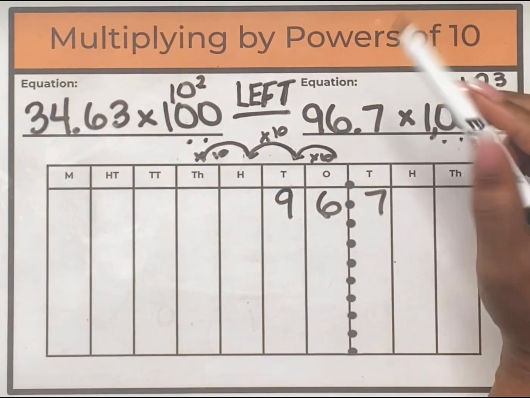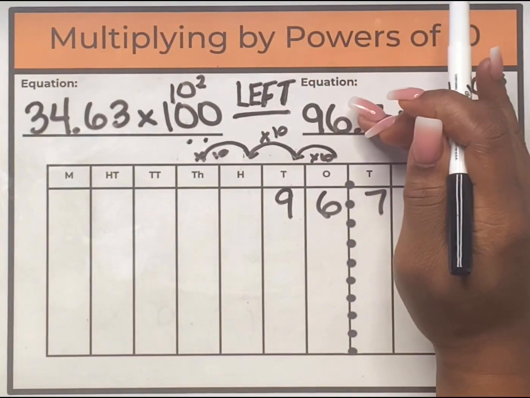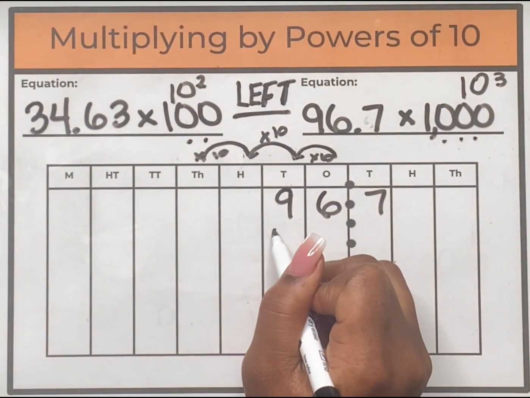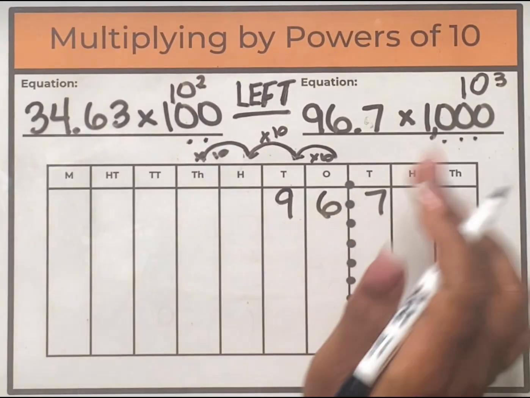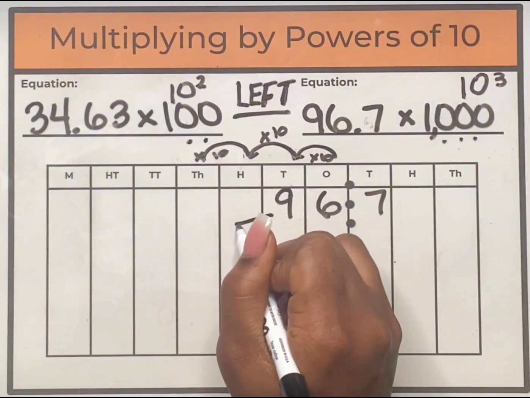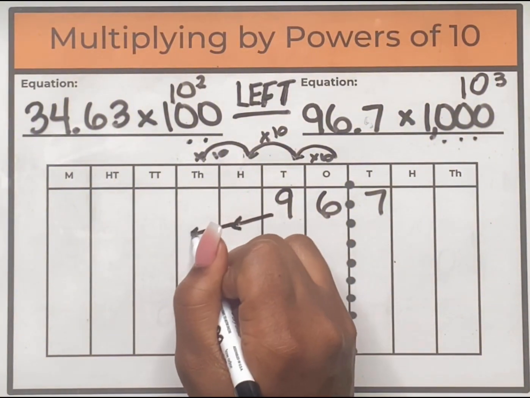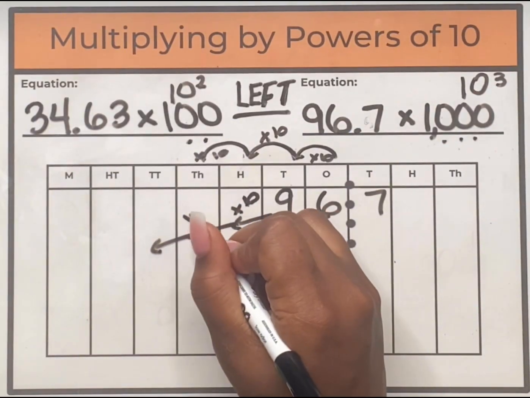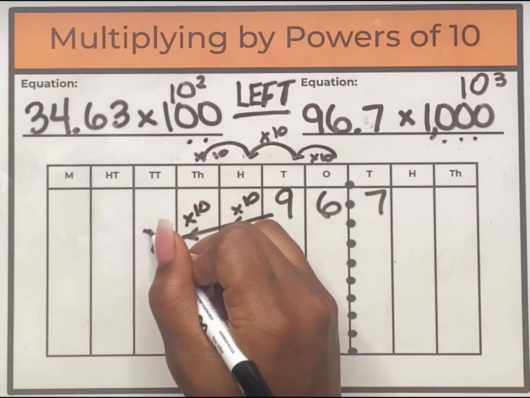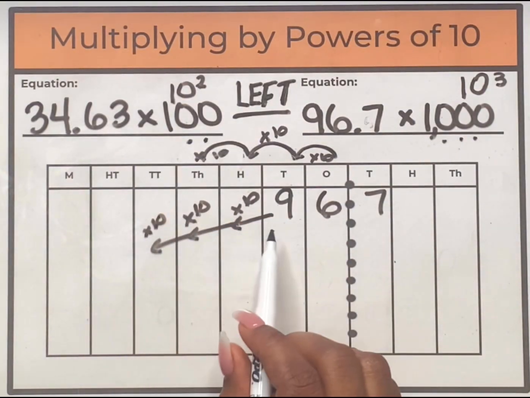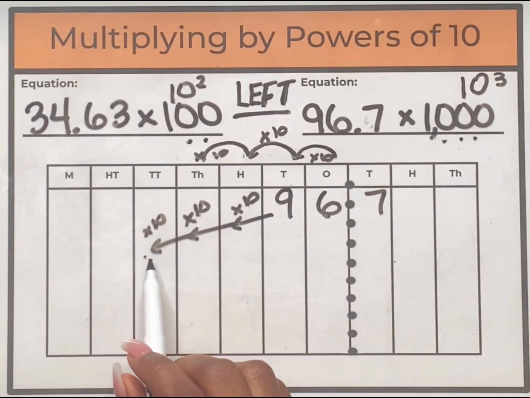And this exponent also tells us how many shifts to make. Now we're going to go in the front of the number and move forward 3 times. 1, 2, and 3. Let's write times 10. Now, the 9 is no longer in the tens place. It's now in the 10,000s place.